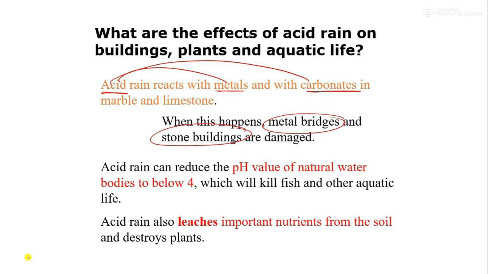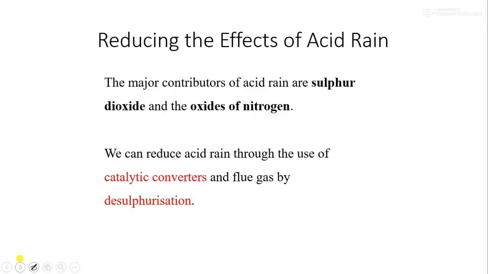Firstly, when acid rain directly reaches the plants, it will destroy plants, fruits, flowers, and leaves directly, and when it reaches the soil, it will decrease the pH of the soil that will ultimately affect the plantation. Reducing the effect of acid rain.